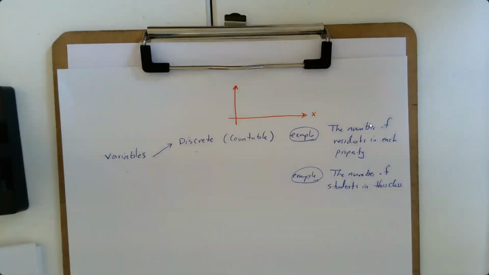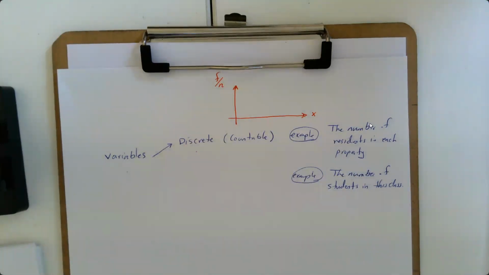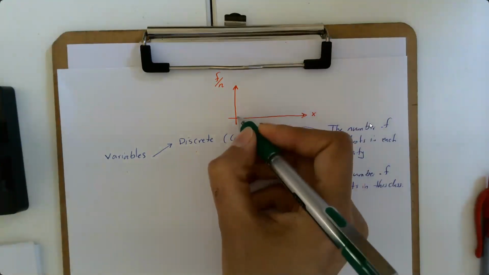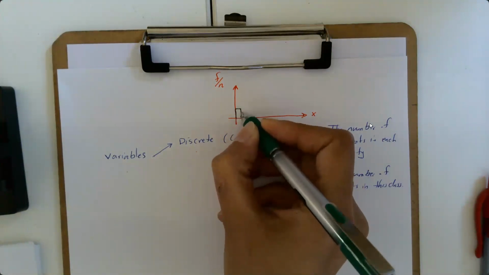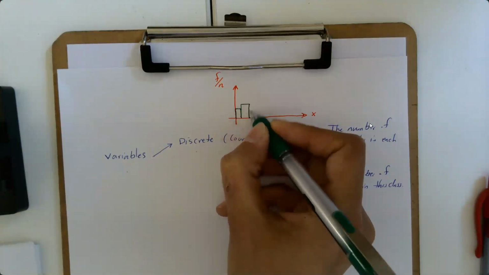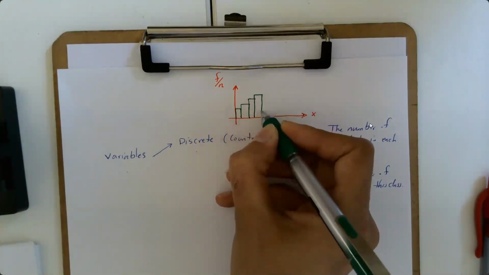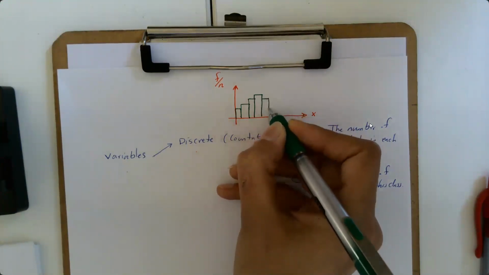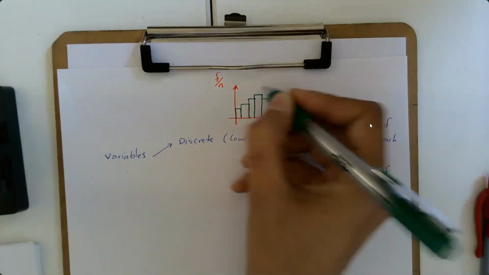Our relative frequency is f divided by n. Then we get some bars. These bars help us to visualize the distribution, the behavior of this probability distribution. So this is our probability distribution.